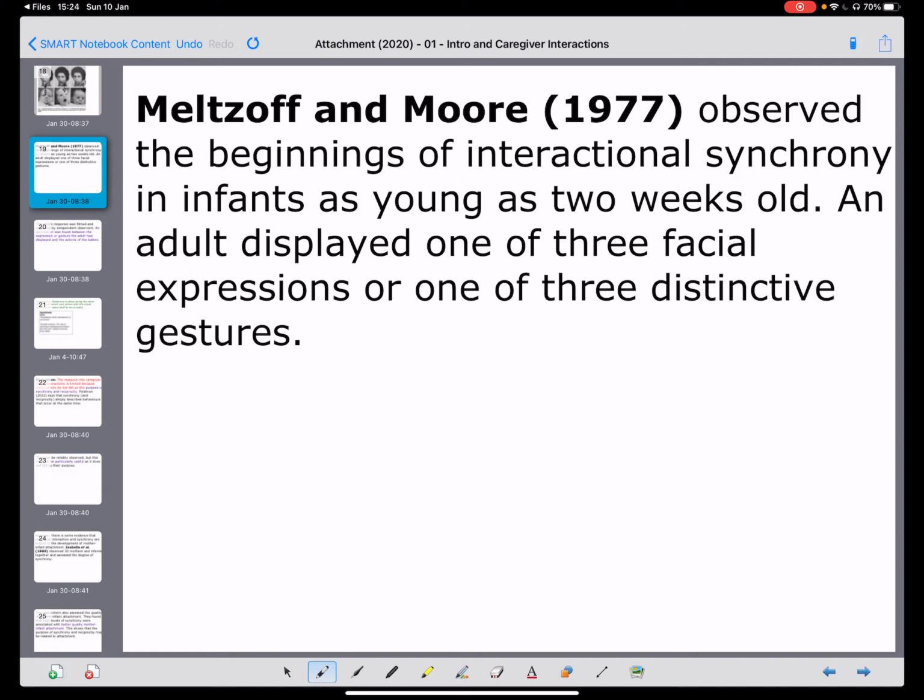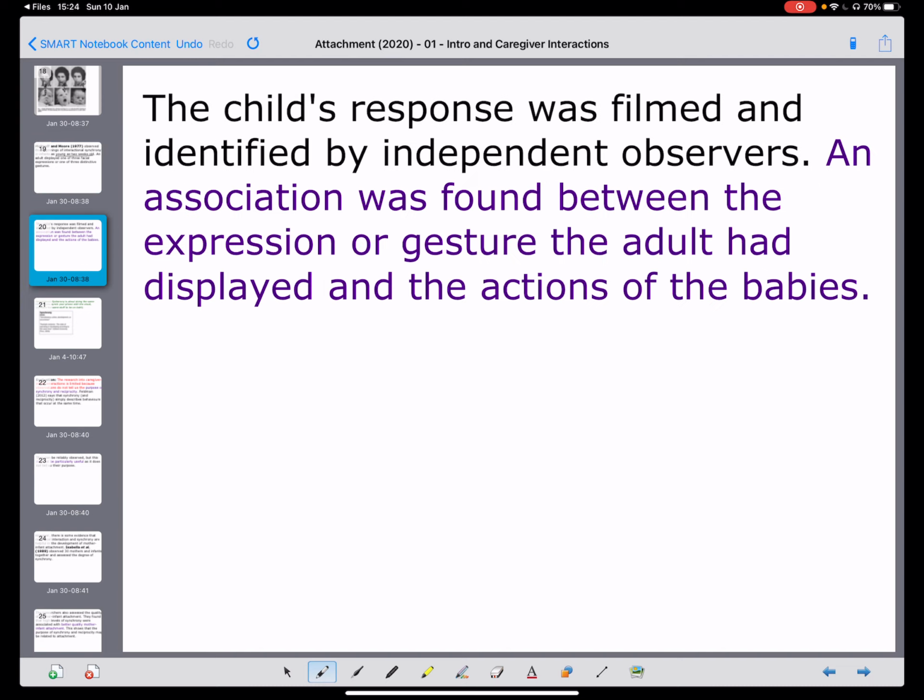It's clearly also research support, because people who've done research have found this to be the case. They said that infants as young as 2 weeks old displayed one of 3 facial expressions or one of 3 distinctive gestures. We've seen the facial expressions there. In other words, babies were doing what the adults were doing.